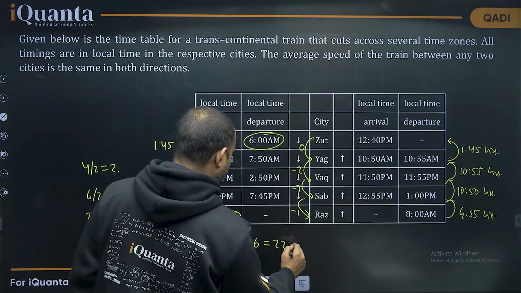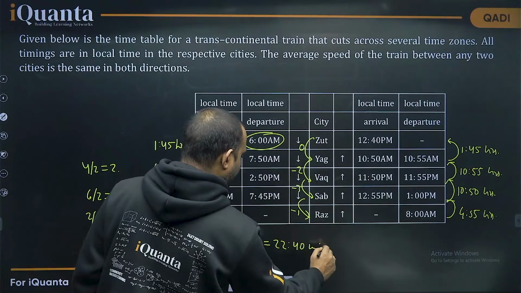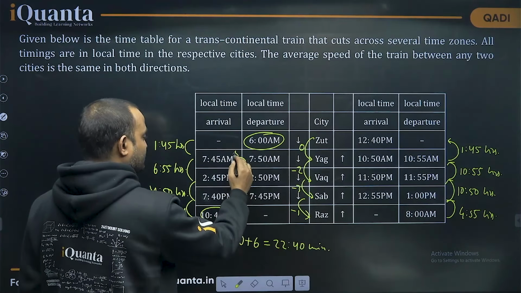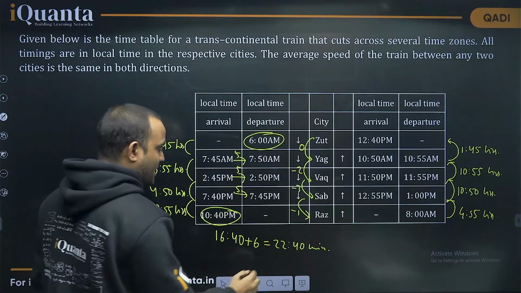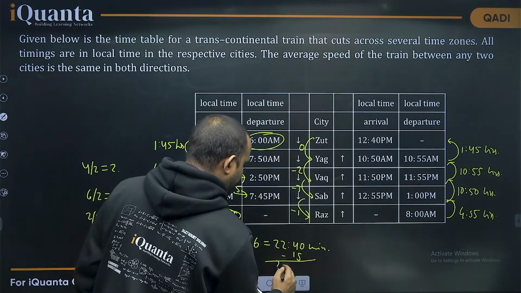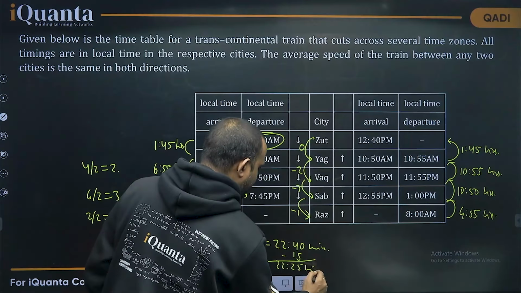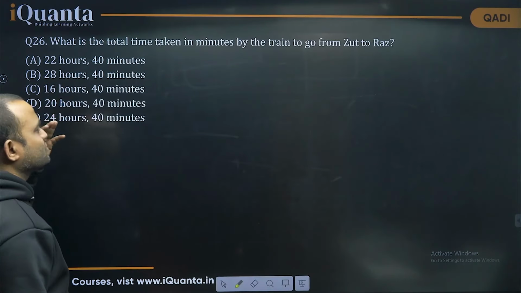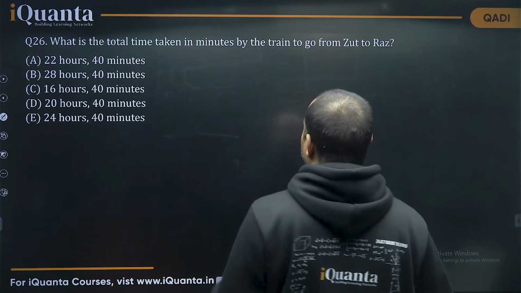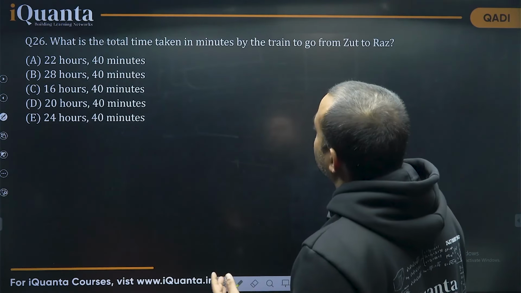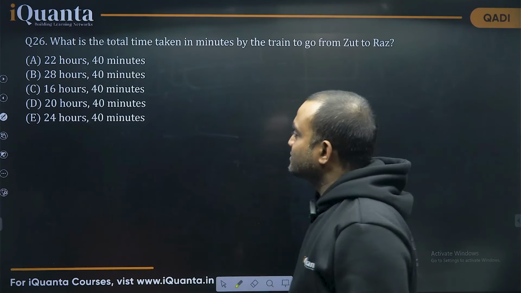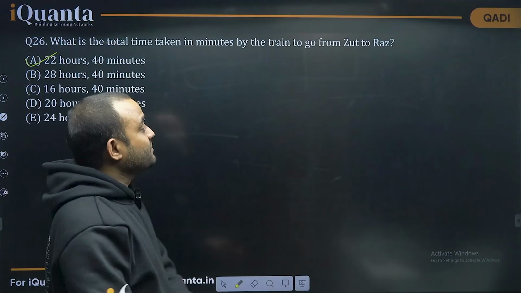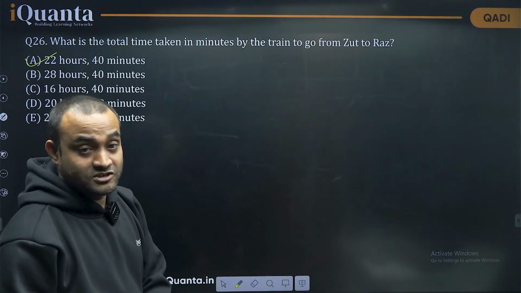This is 22 hours 40 minutes. But one thing, this train is resting for 5 minutes 3 times, 5, 5, 5. We will have to subtract that 15 minutes. Now let's see what's given. So they are including that break time. It says what is the total time taken, so that will be 22 hours 40 minutes. We should not exclude that, but if it was given in the option, we will definitely consider that as well.